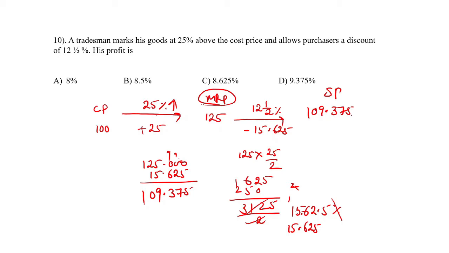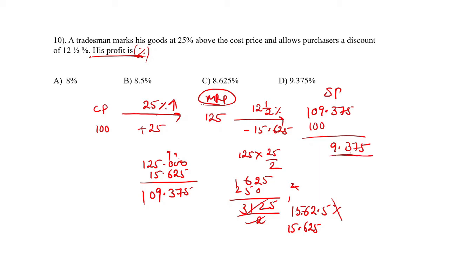109.375. We have to find out the profit. Cost price and selling price difference is the profit. 109 minus 100. So finally 9.375 is the result. Now find out the profit percentage. The difference between selling price and cost price is 9.375.